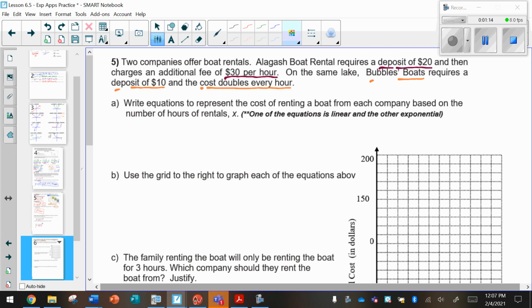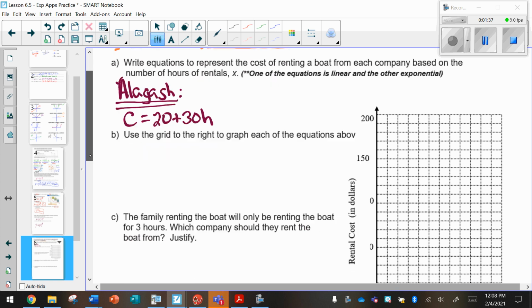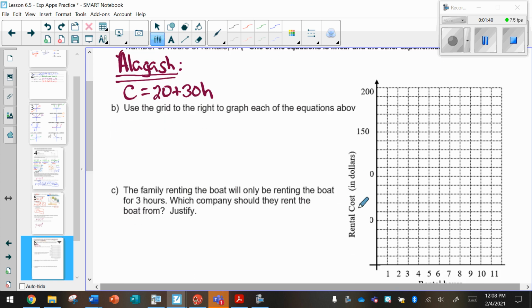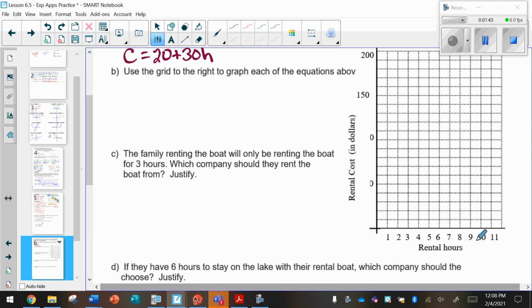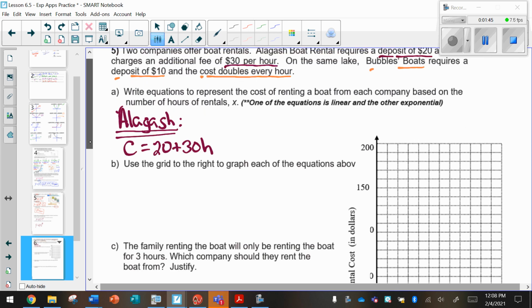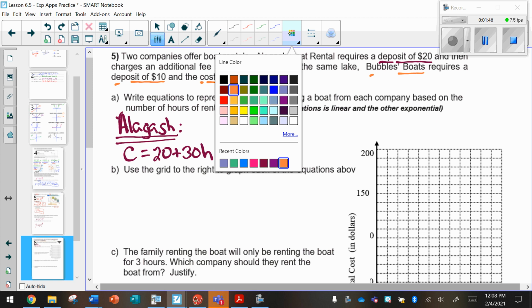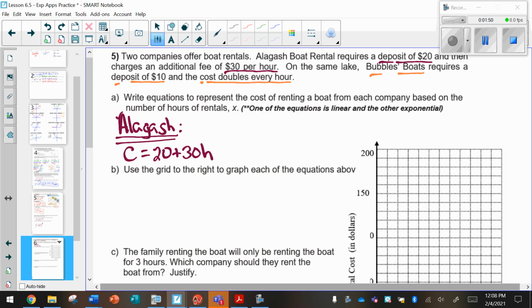So for Allagash, the total cost started with a $20 deposit and increased $30 every hour. So we have rental cost in dollars, and rental hours along the bottom.